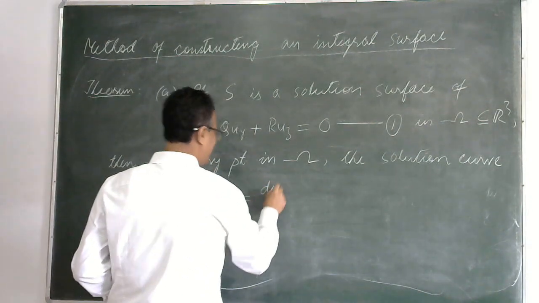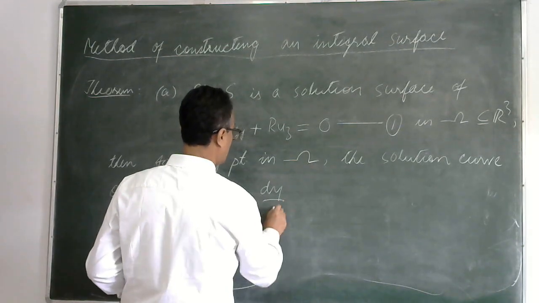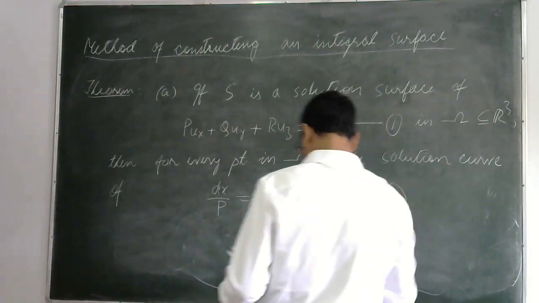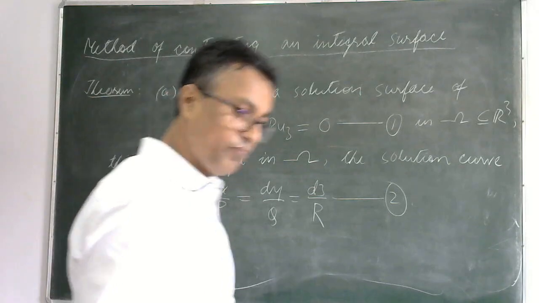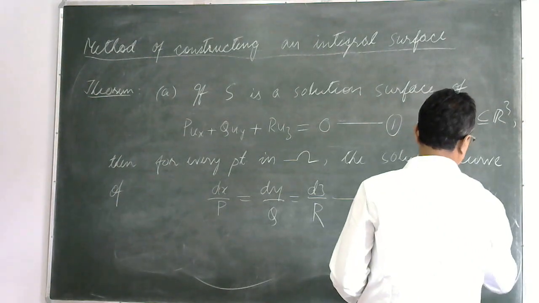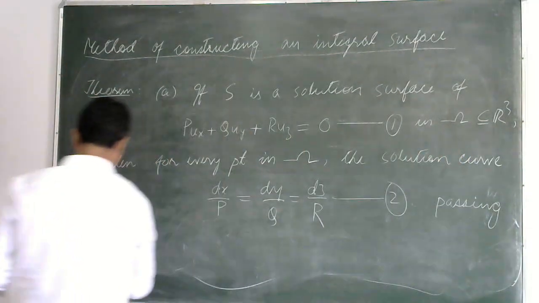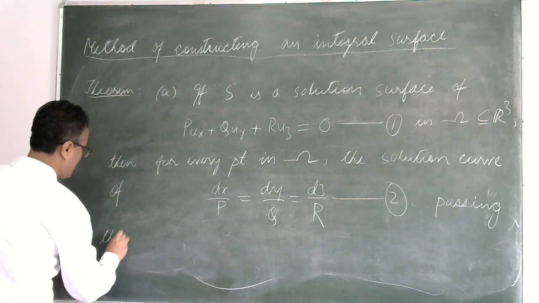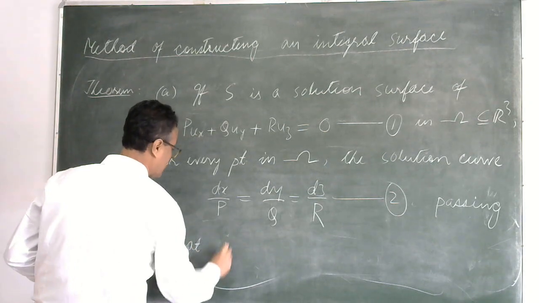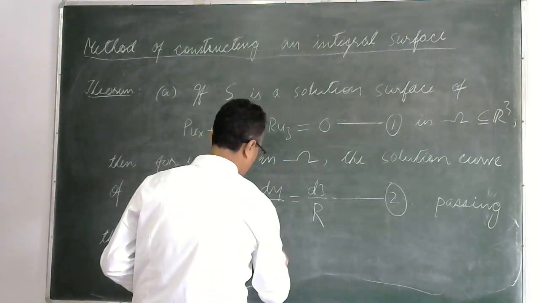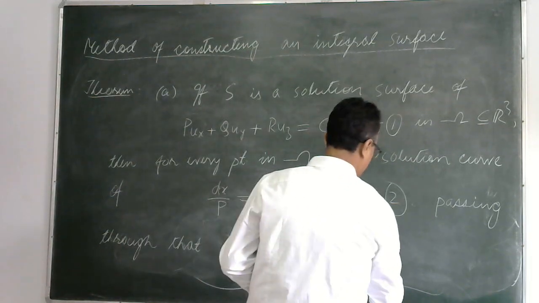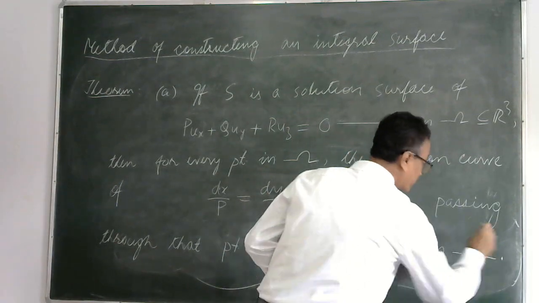So basically, I am associating a vector field, this, let me call it 2, passing through that point, lies entirely on S.